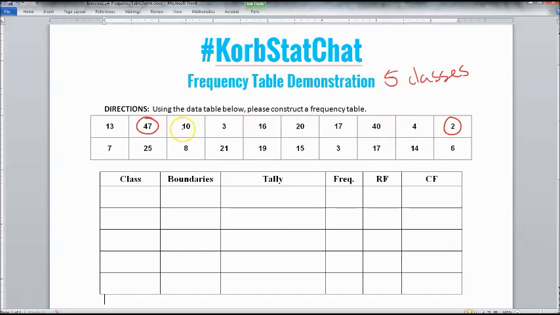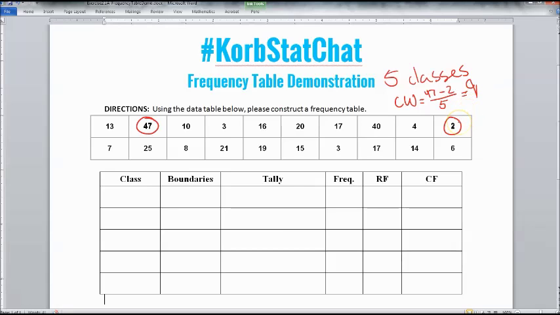So let's label this as CW equals the range, so 47 minus 2 divided by the number of classes, which in this case is 5. 47 minus 2 is 45, and 45 divided by 5 is 9.